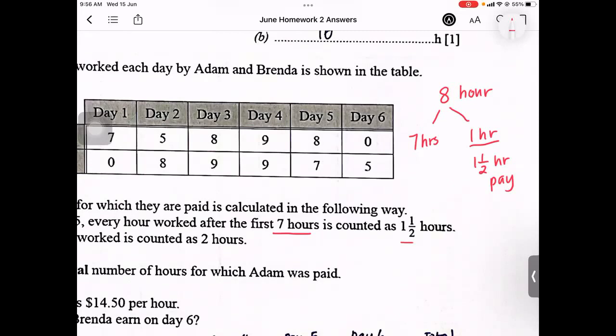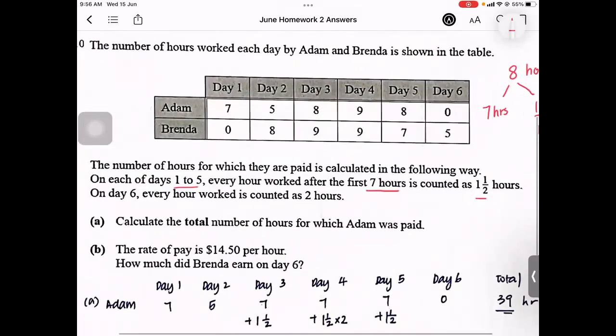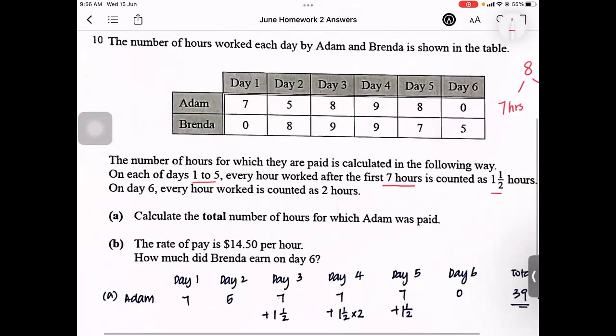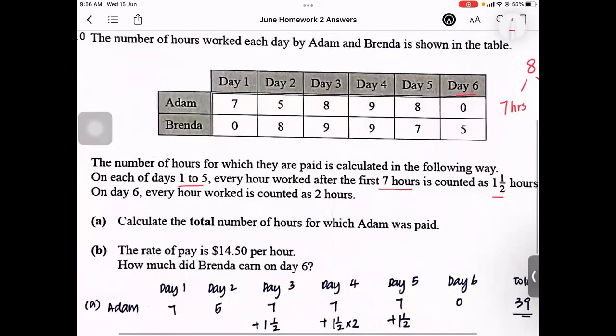Technically I'm not working 8.5 hours, but I work 8 hours, but I get paid 8.5 hours, the extra 0.5 hour rate. On the 6th day, which is our Saturday over here, every hour worked is considered as 2 hours. It means every 1 hour I work, I get double the pay. I paid as 2 hours.